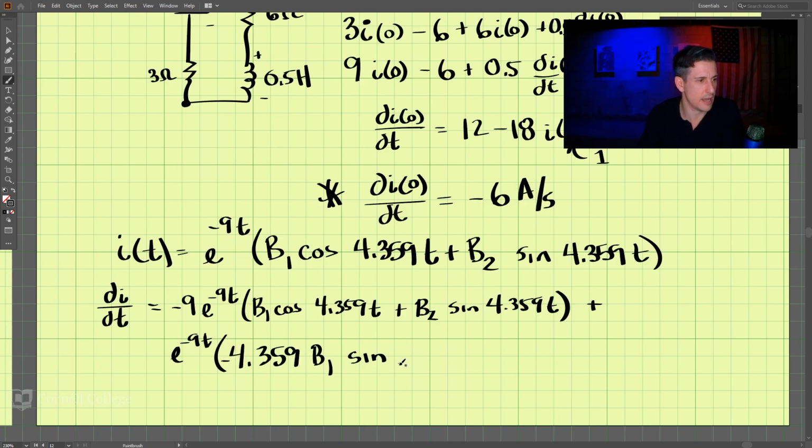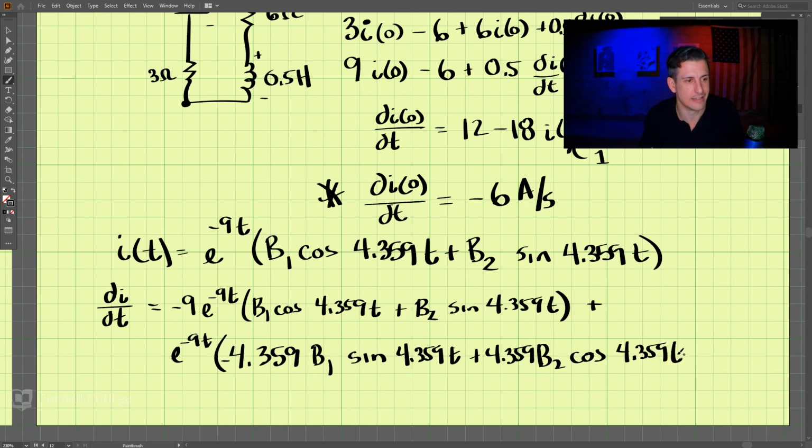Negative sine of 4.359t plus b2, or 4.359 b2 cosine of 4.359t.